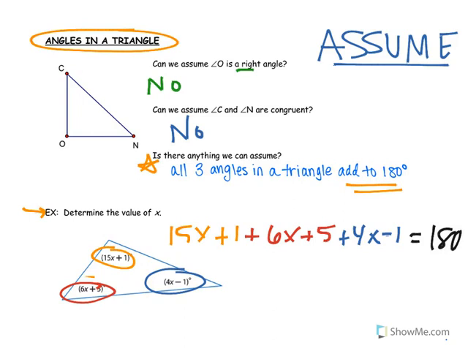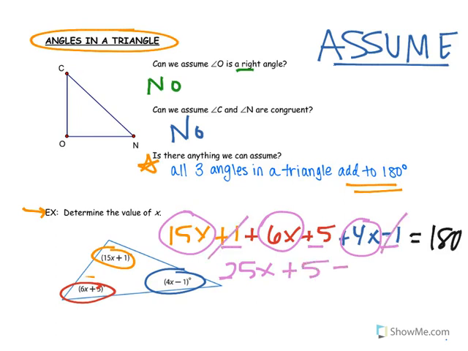Let's combine like terms here. So we have 15x, 6x, and 4x. 6 plus 4 is 10, plus 15, that's 25x. And then 1 plus 5 minus 1, those 1s will cancel, and I'll get plus 5. That's going to equal 180.